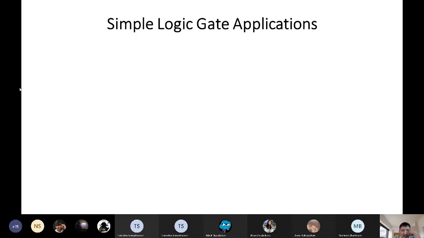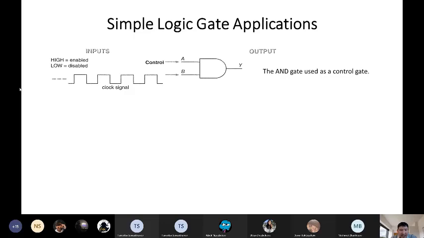Next, let's talk about some simple logic gate applications, and then I will show them in Multisim. Here it seems very simple, but it is a very useful thing. For example, you can calculate the frequency of a clock signal. Here you can see a clock signal and an AND gate. We use the A input as a control, and the B input just as the input where we send the clock signal.